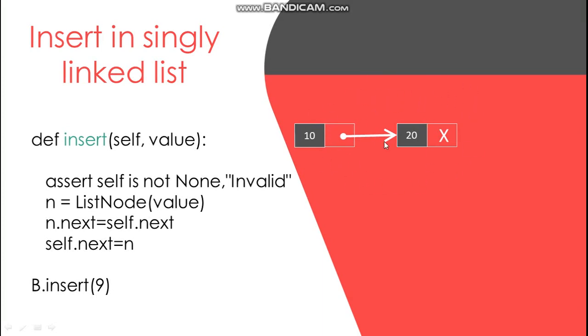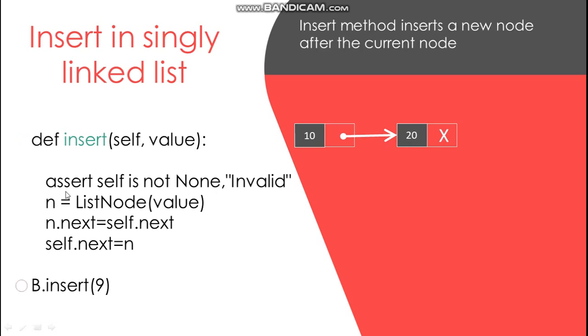Okay, so this is our singly linked list. Now we want to insert in this list after this node B. So first we'll check whether this node B exists or not. Now n is the new node which we will be creating, and we have given the argument 9 for the value of this new node.